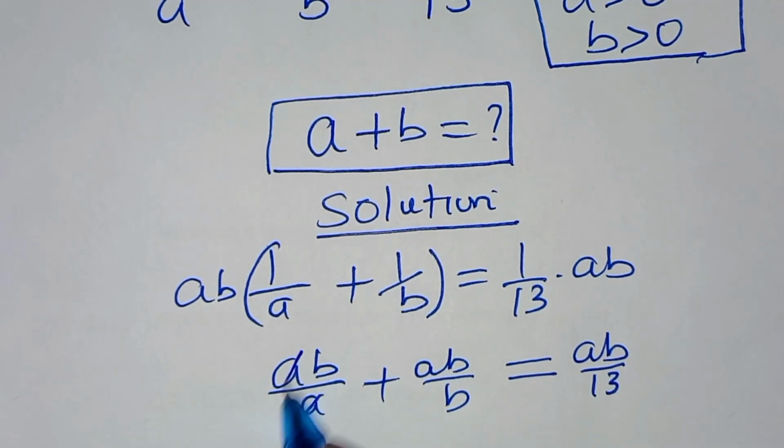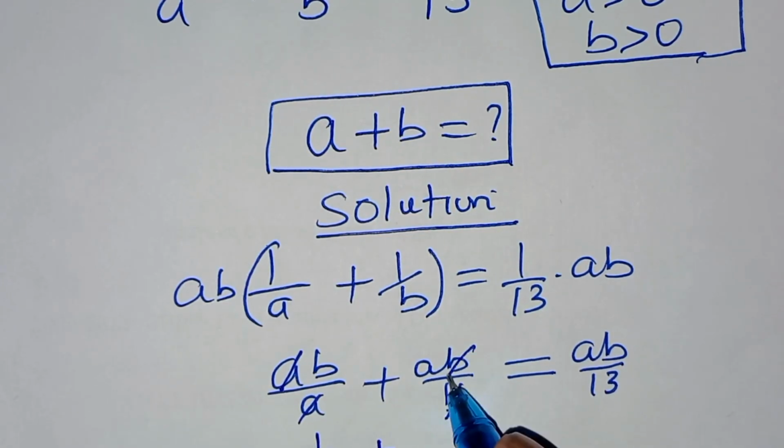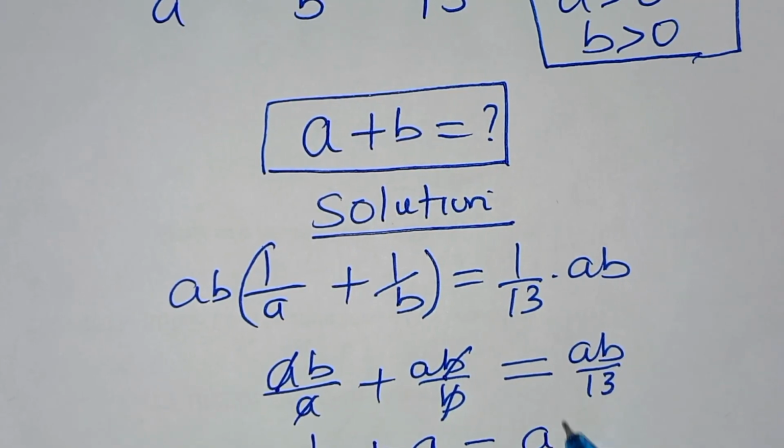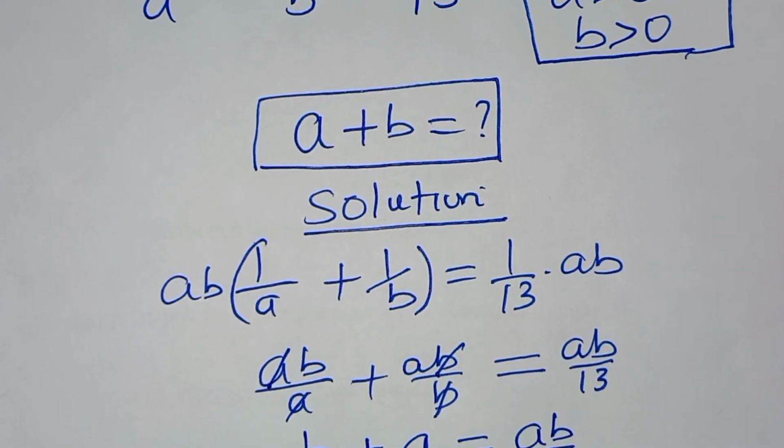So a and a simplify, and b and b simplify, so we have b plus a equal to ab over 13.